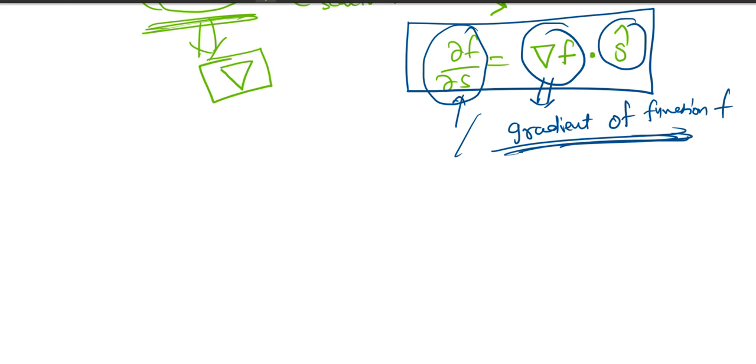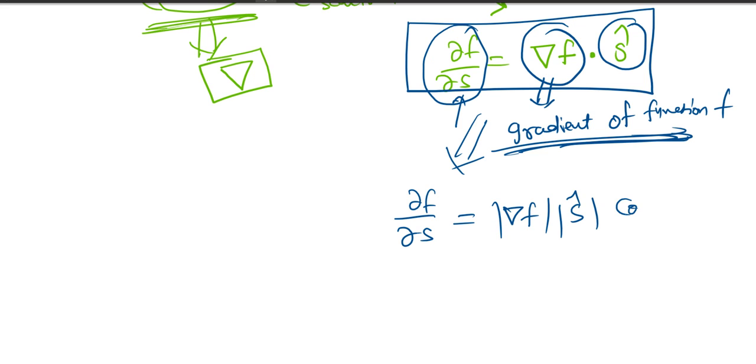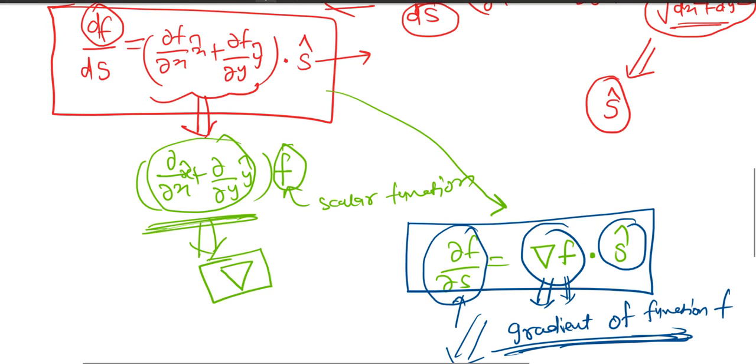Now let's analyze this equation. When I simplify this dot product, what I will get is del f by del s equal to the magnitude of delta f, times the magnitude of s cap, times cosine of the angle between these two vectors. Okay, just remember this gradient is a vector quantity, because it is in terms of x cap and y cap.